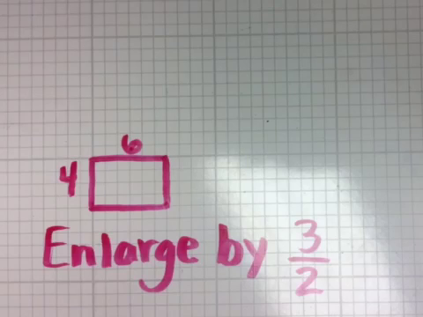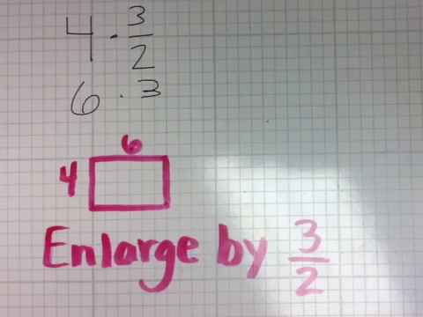All right, so let's investigate why this happens. So if we have a rectangle that has the side lengths of 4 and 6 units, and we want to enlarge it by a scale factor of 3/2, we're really enlarging each of the side lengths by the scale factor. So we're going to take 4 and multiply it by 3/2, and we're also going to take 6 and multiply it by 3/2.